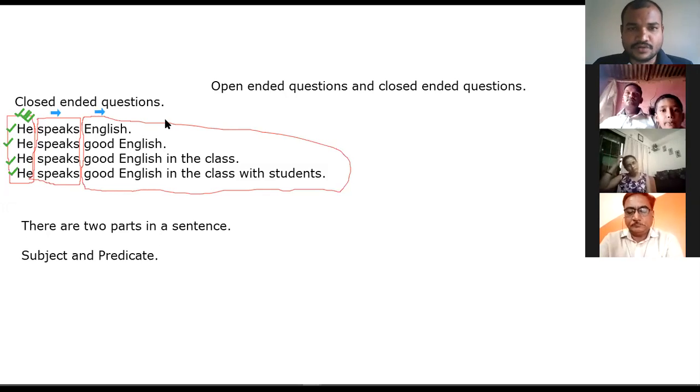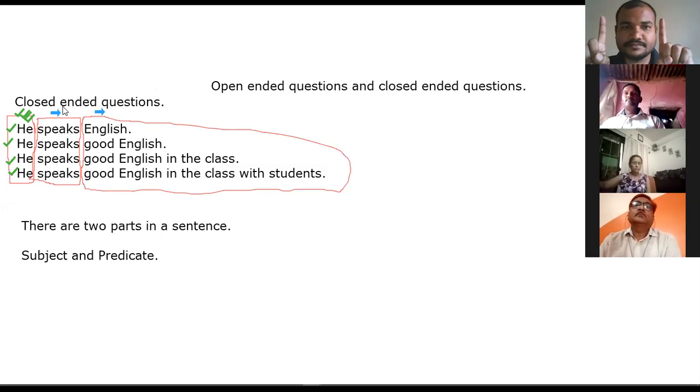So here, if you want to understand the concept of closed-ended questions, you need to remember the subject and the predicate. You need to observe what the subject is and identify what the main verb is.